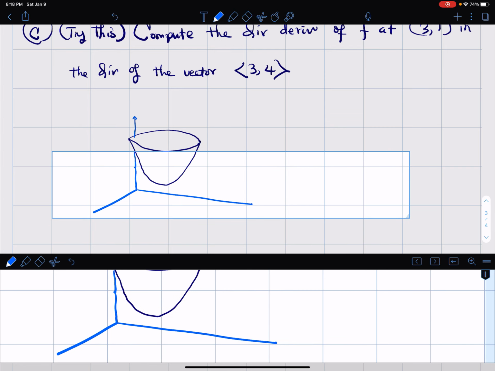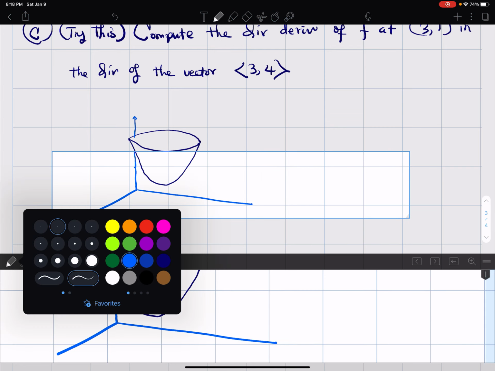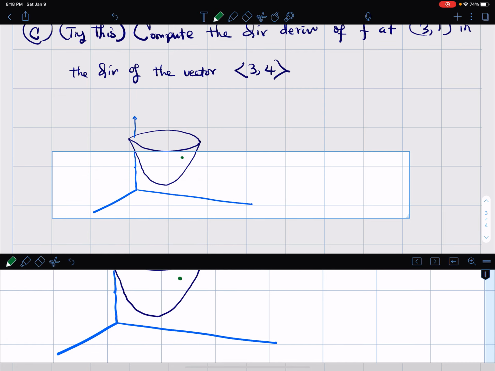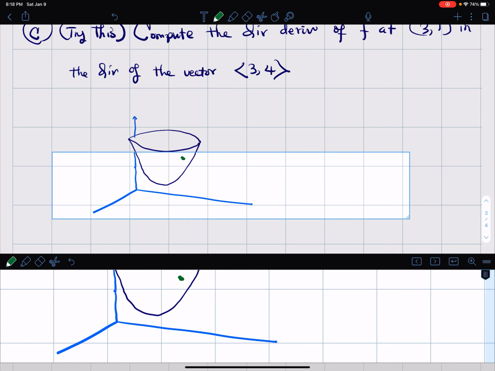And you are somewhere here, at this point, say A. Its x coordinate is a, its y coordinate is b, and its z coordinate is f(a, b).